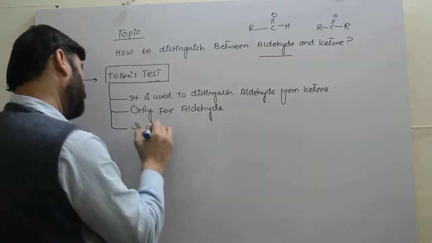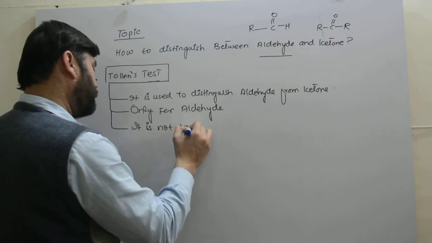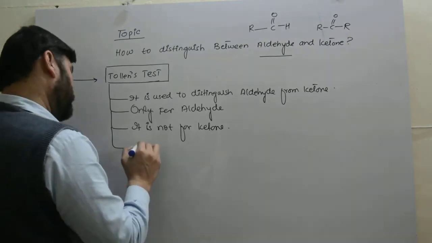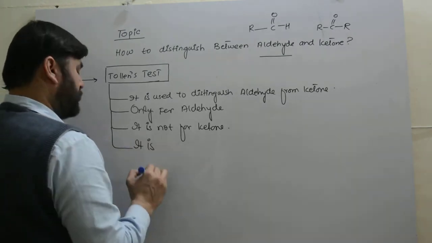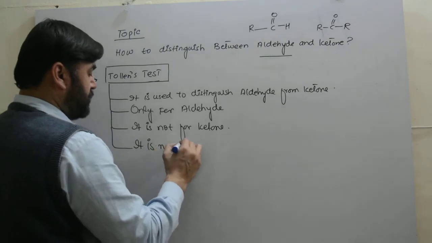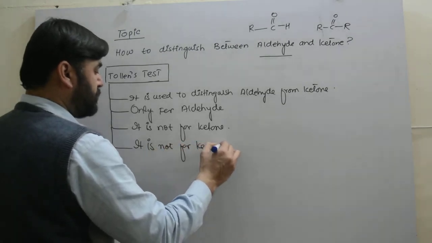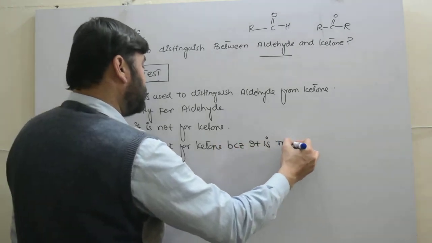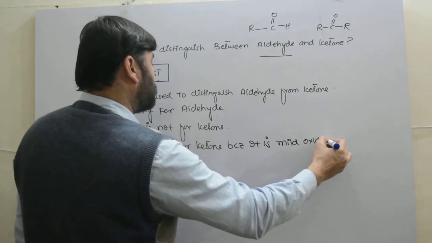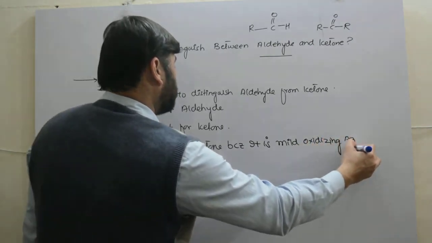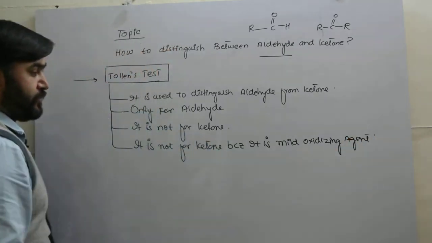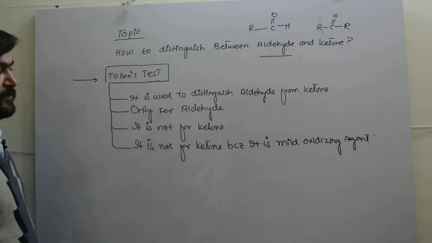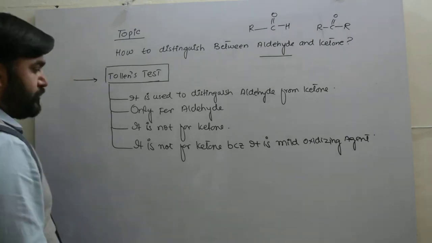It is not for ketone, because it is a mild oxidizing agent. What is a mild oxidizing agent? It means it is very weak, so it cannot react with the ketonic group. So, these are the important things.